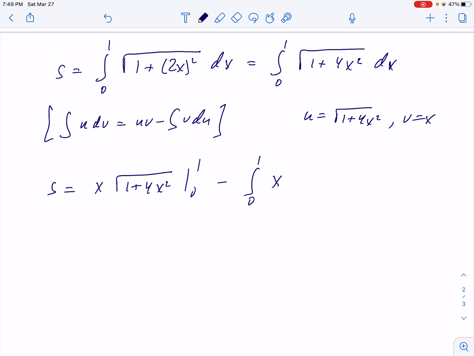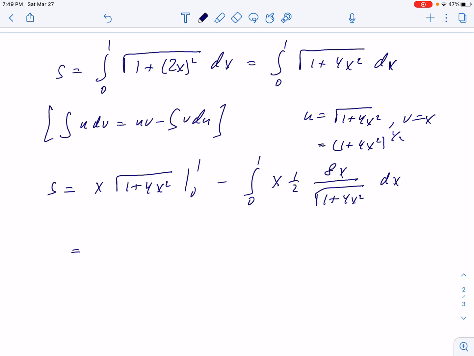We can think of u like (1 plus 4x squared) to the power 1/2 and differentiate by the power rule. So this will be 1/2 in front, (1 plus 4x squared) to the negative 1/2, so this goes in the denominator, and then times the derivative of 1 plus 4x squared, which will be 8x. I shall put here 8x, and in the denominator we have square root of 1 plus 4x squared and then dx.